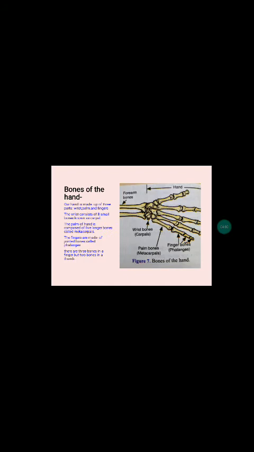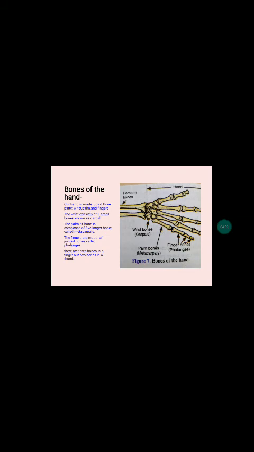So bones of the hand are divided into three parts: wrist, palm, fingers. The wrist consists of 8 bones, like this one, and they are called carpals. And palms, this is our palm, consists of 5 longer bones called metacarpals बोलते हैं.